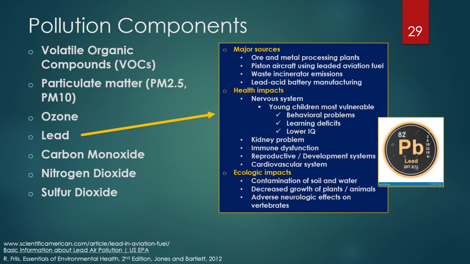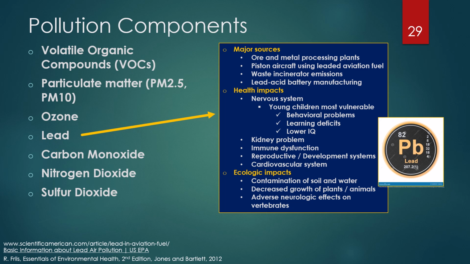Once ingested or inhaled, lead distributes throughout the body via the blood and accumulates in bones. Lead can impact the nervous, kidney, immune, reproductive, and developmental systems and the cardiovascular system.